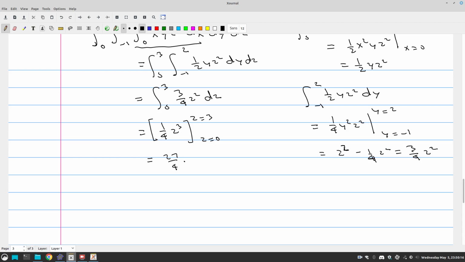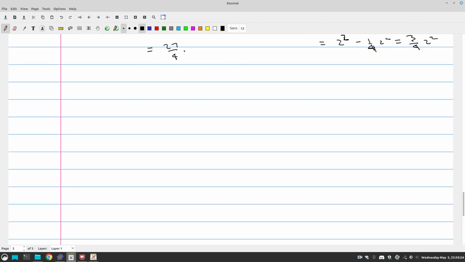How about integration over more general regions? So remember, we had type 1 regions and type 2 regions with double integrals.